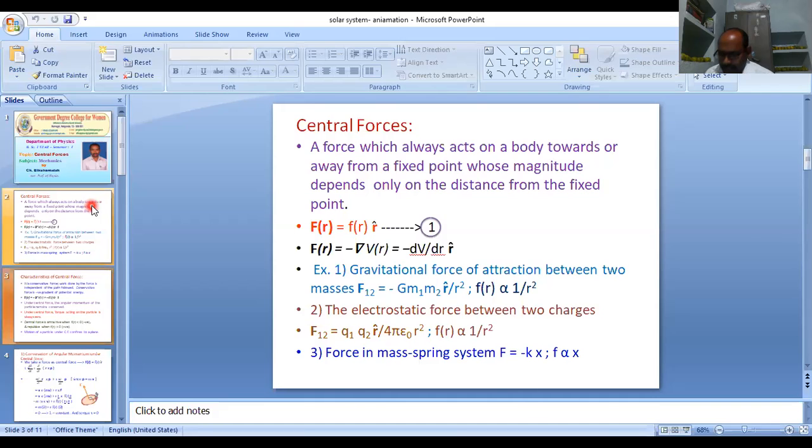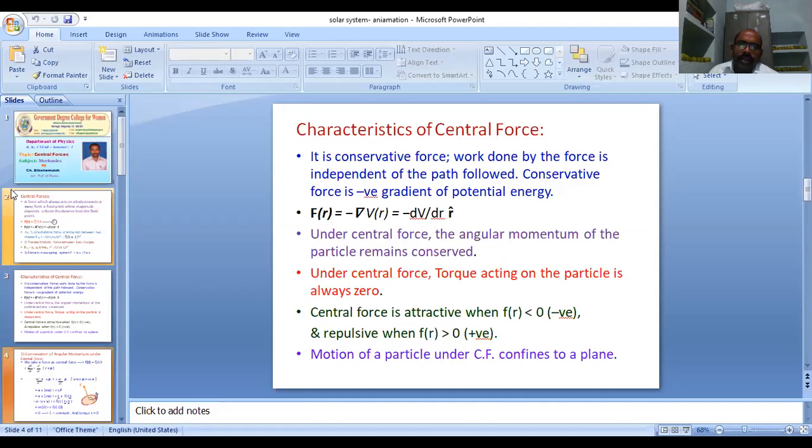Next, the features. The features of central forces are their characteristics. The central force is a conservative force. We can express it as the negative gradient of potential.